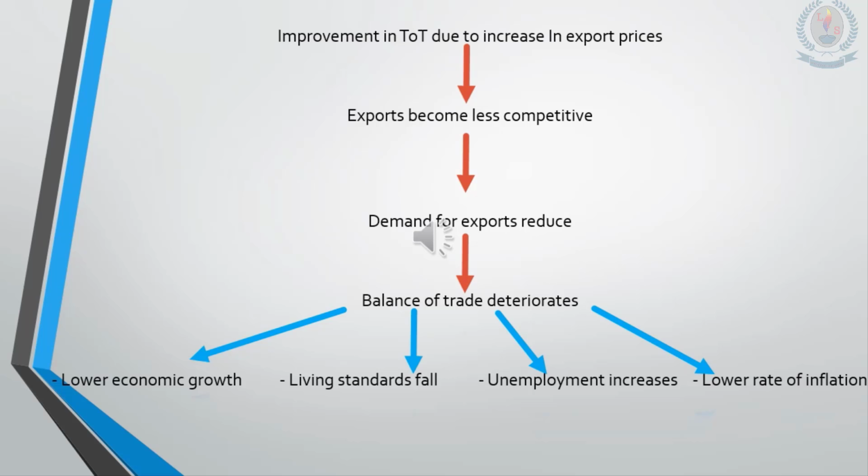Due to that reason, there will be short-term unemployment in the economy until the demand for exports increases. And also when looking at the inflation rate, since there is a lower aggregate demand in the whole economy, the rate of inflation will also reduce in the country. That is a positive point.